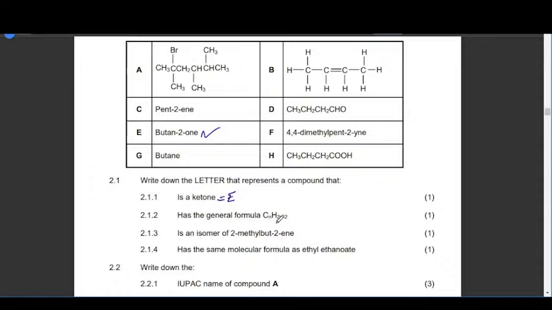They have the general formula of this. Don't forget that alkane is CnH2n plus 2, alkene is CnH2n, nothing you add, and alkyne is CnH2n minus 2.